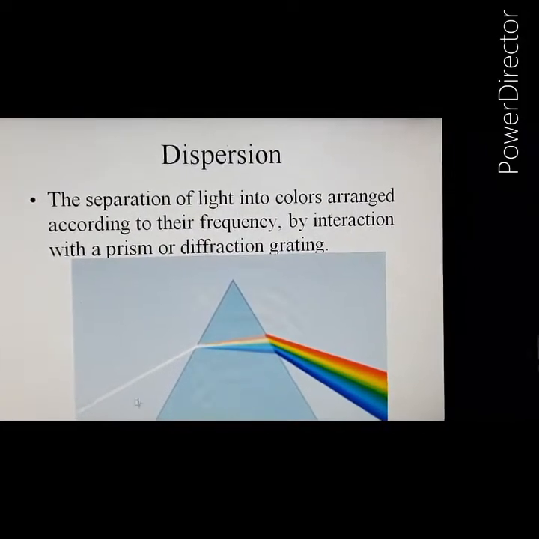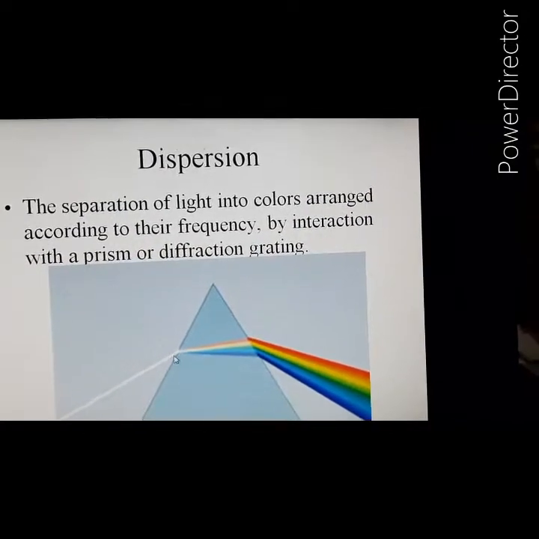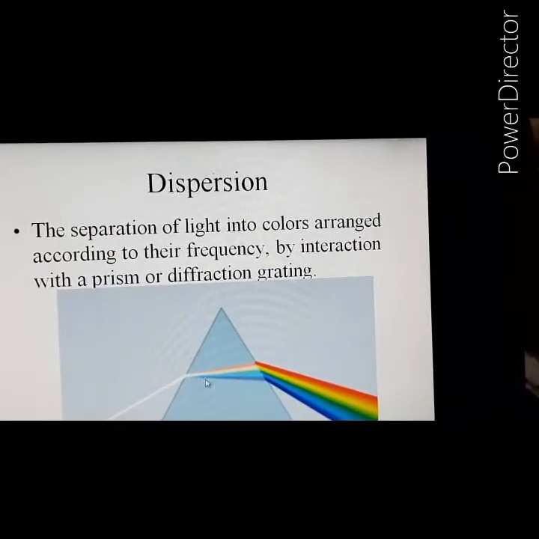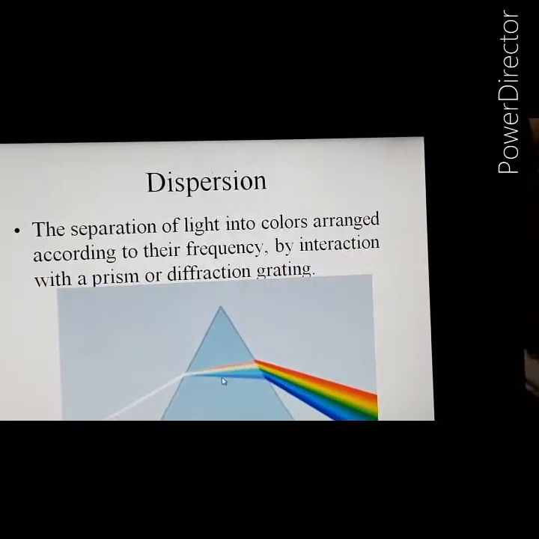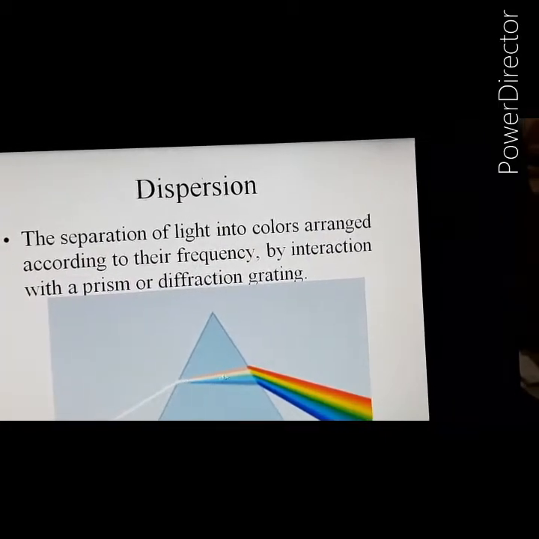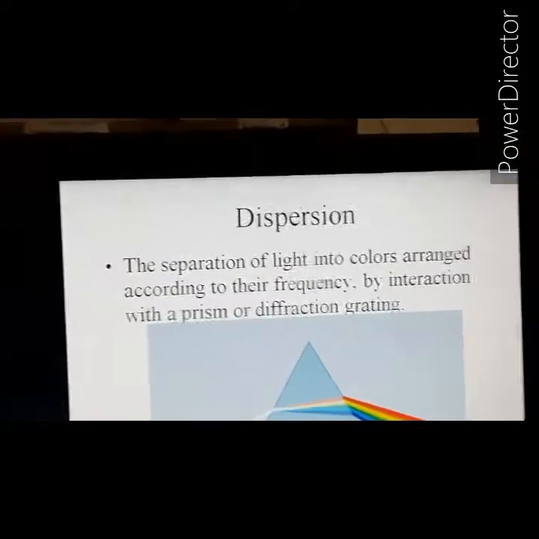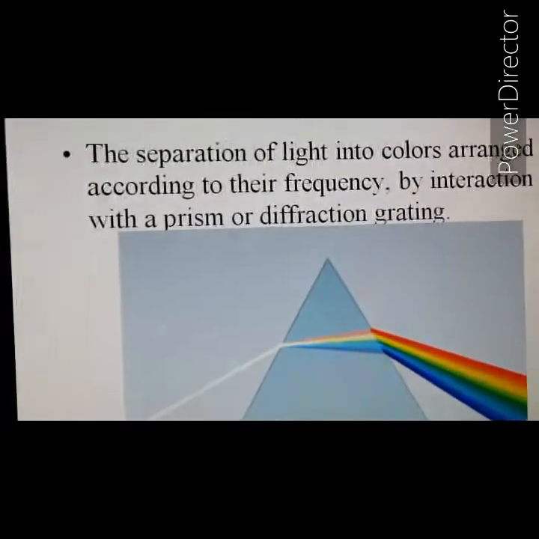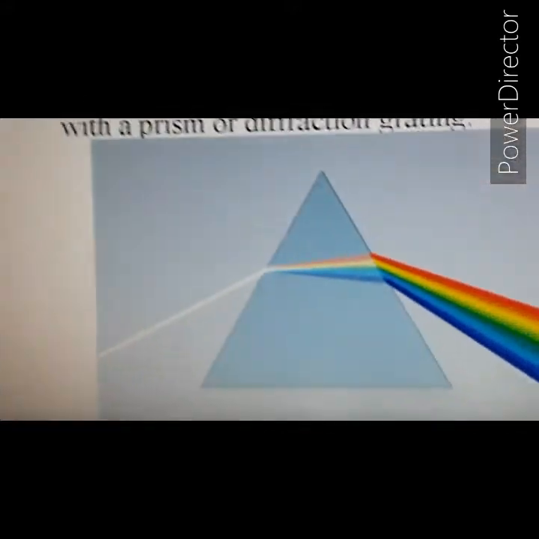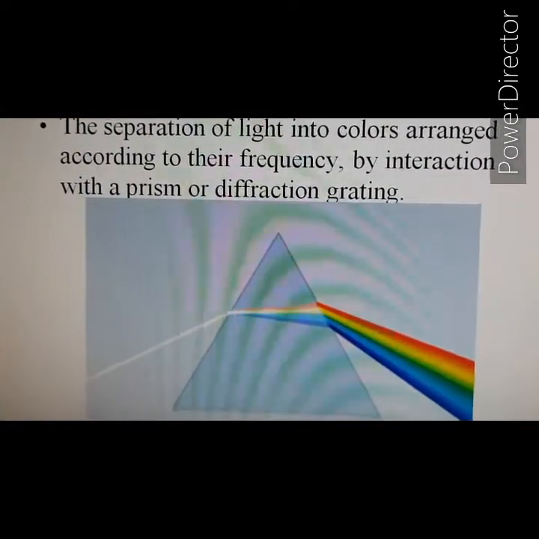When white light is incident on this medium, the white light gets split into its constituent colors, that is the VIBGYOR colors, the 7 colors which we have. It will split and emit out from the medium, and then automatically we can find the VIBGYOR colors on the screen.